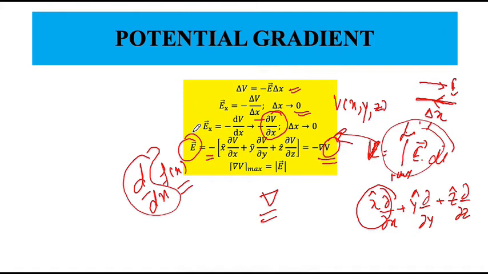Okay, so this is the operator wherein the input to the gradient is a scalar and the result is a vector. So we will see how interesting our life has become now, because I have the potential V, which is a scalar function and easily measurable. From there I am actually able to determine the vector quantity, the electric field.